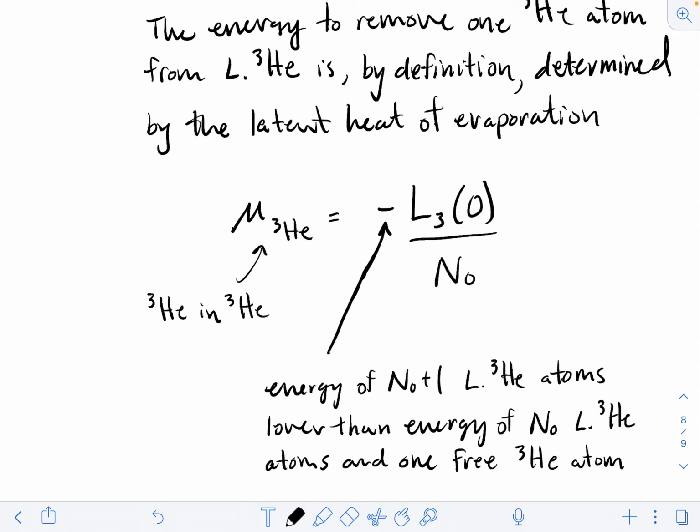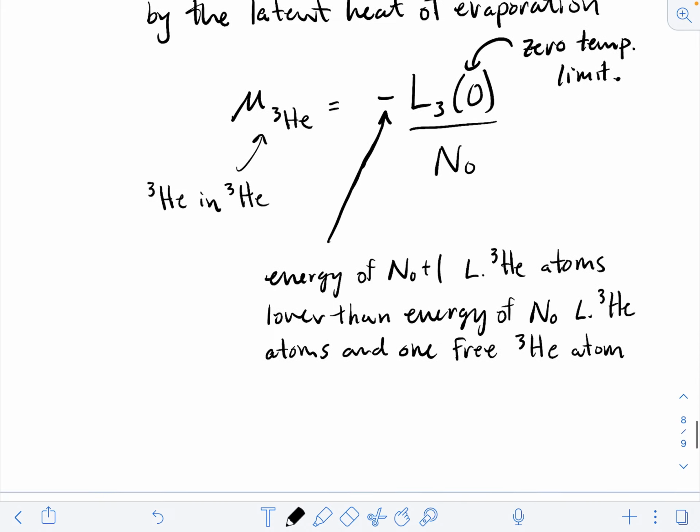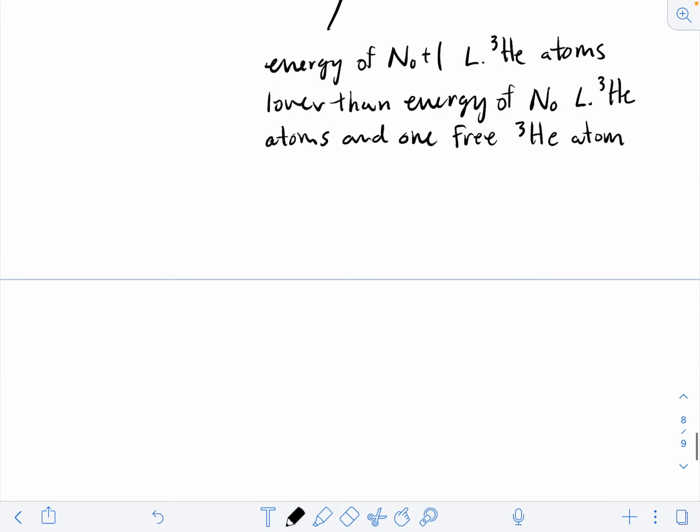And the reason it's a higher energy is because when we add that atom into the liquid, there's a binding energy that lowers the total system energy. Okay, this 0 means we're talking about the 0 temperature limit. Okay, good. So the latent heat obviously defines how strongly bound helium-3 is in liquid helium-3.